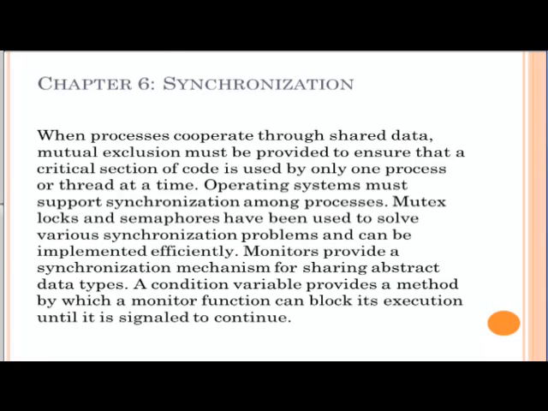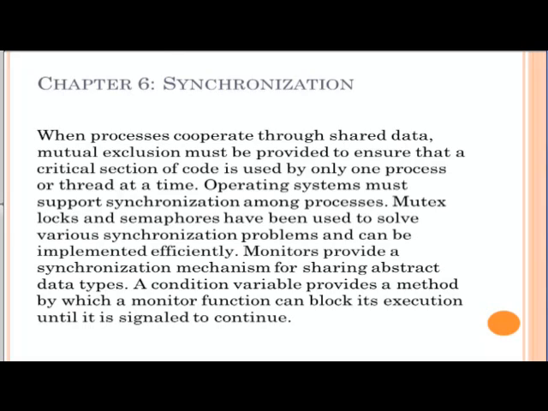So these are strategies that are used. Mutual exclusion is a way to do this. Operating systems must support synchronization among processes. Synchronization means when one process is allowed to execute when the other one is done. They have to be synchronized.